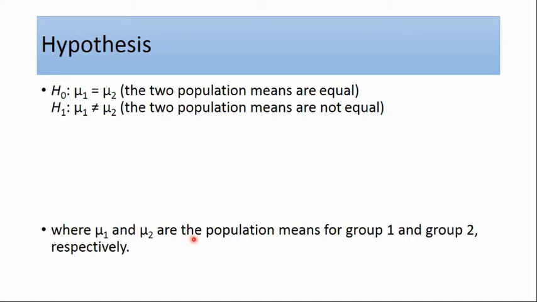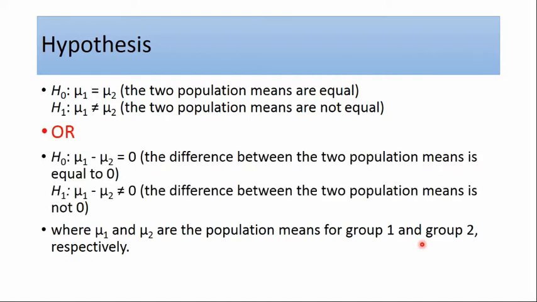Mu1 and mu2 are the population means for group 1 and group 2. Or we can write it like this: mu1 minus mu2 is equal to 0, which means these are equal. Same thing. The difference between the 2 population means is equal to 0. For the alternate hypothesis, mu1 minus mu2 is not equal to 0. The difference between the 2 population means is not 0, meaning something else.